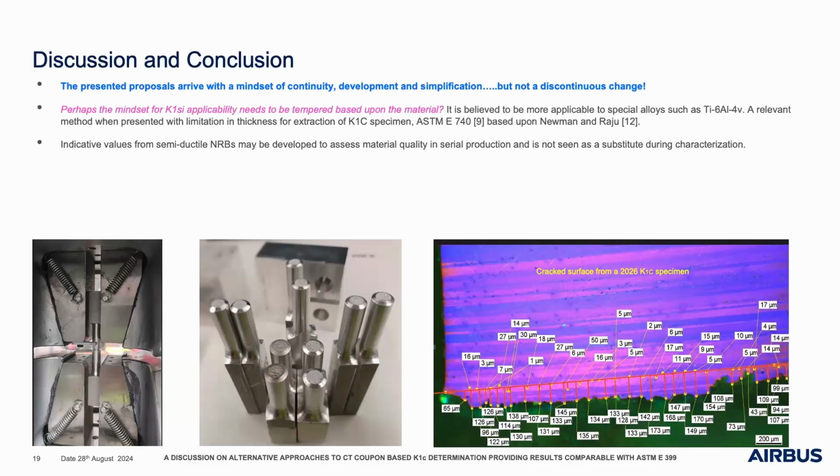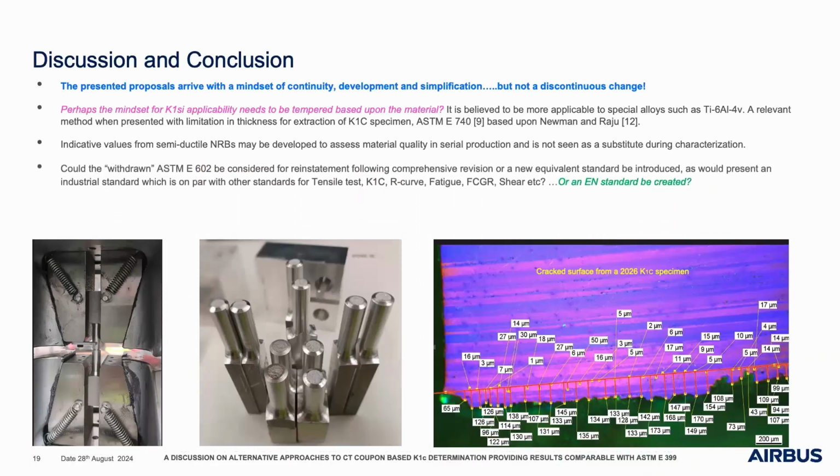Indicative values for semi-ductile NRBs may be developed to assess material quality in serial production. And there was an ASTM standard for notched round bars, believe it or not. It was called the E602. It was withdrawn for some reason. We'd like to propose the possibility of reinstatement, or could a new EN standard be created?